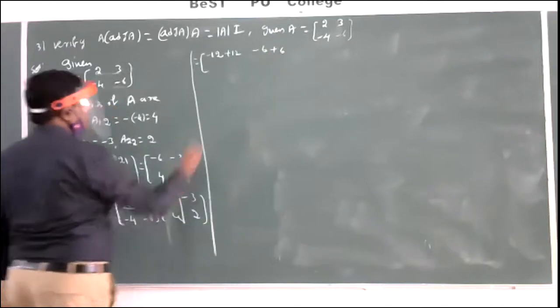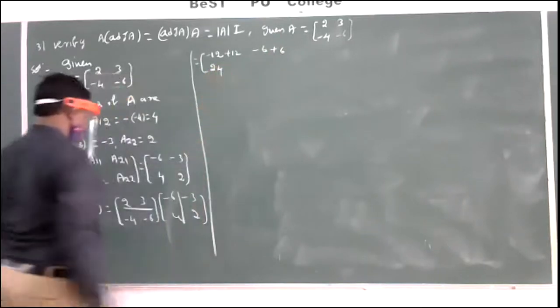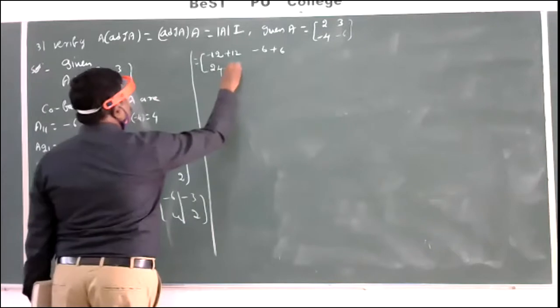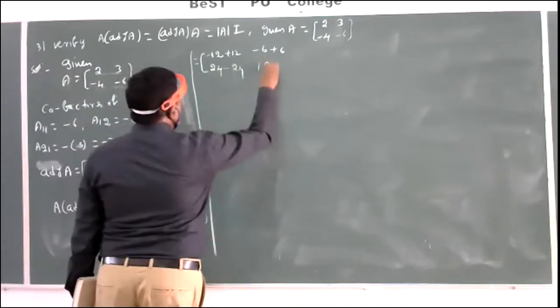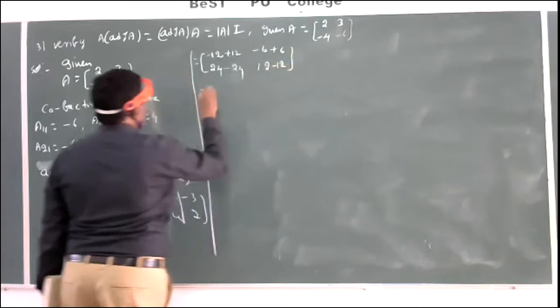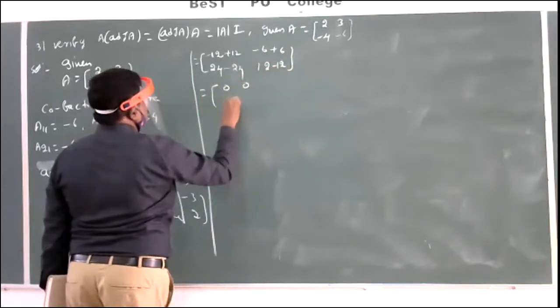Next, minus 4 into 6, minus 24, next 12, minus 12. The value is 0, 0, 0, 0.